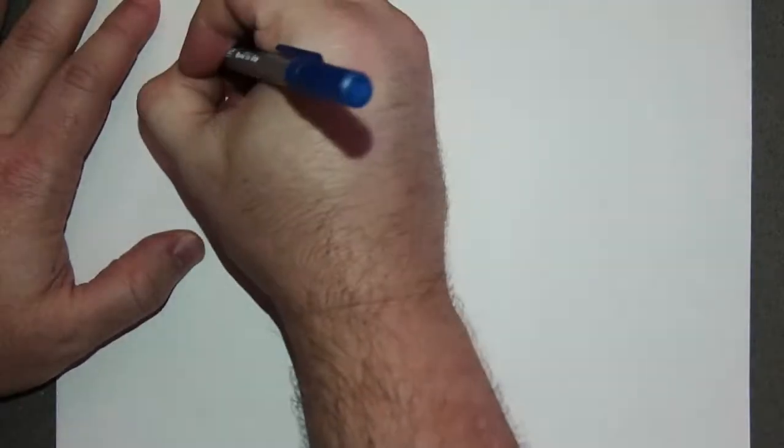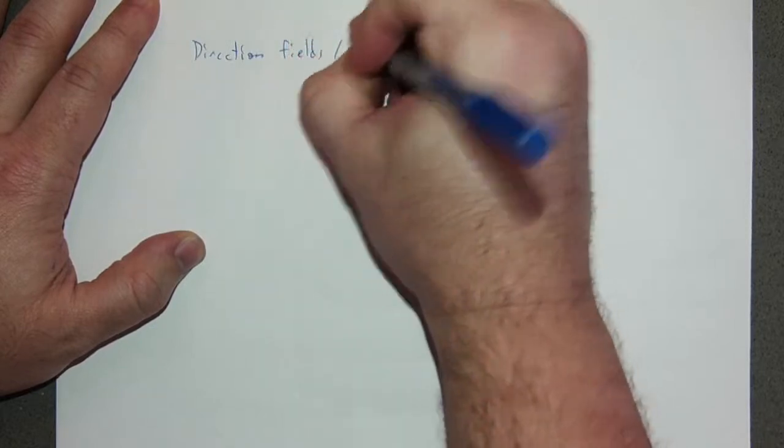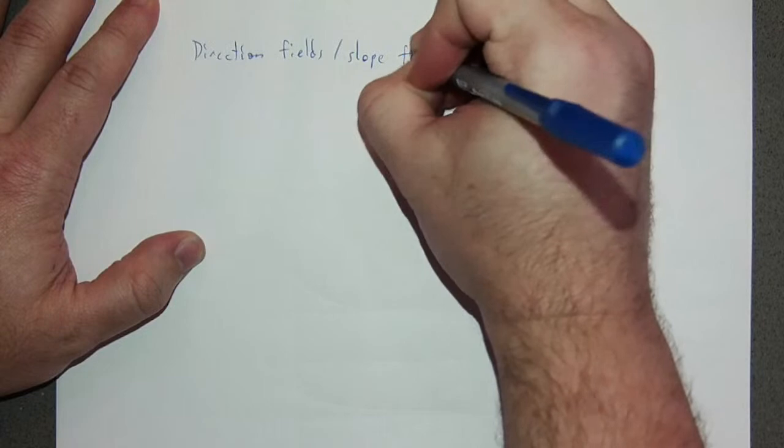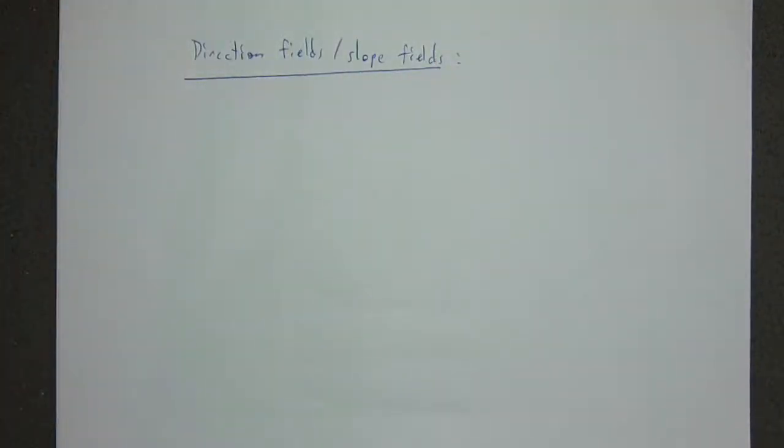I just wanted to indicate, so direction fields or slope fields are another example of a graphical method, a crude technology that can be used to glean some info about behavior of the solutions, but it's a lot less info than the phase portraits. But the upside is that it can actually be used for any sort of first order differential equation.